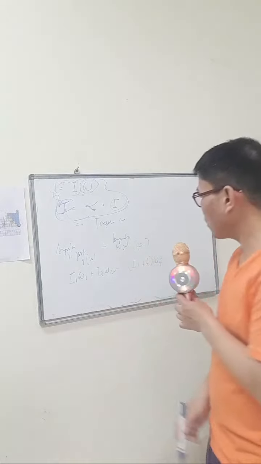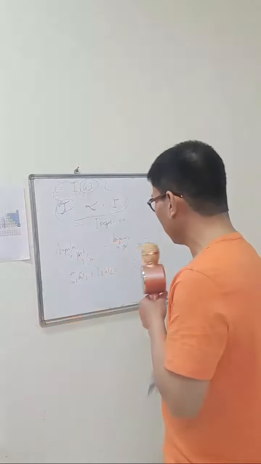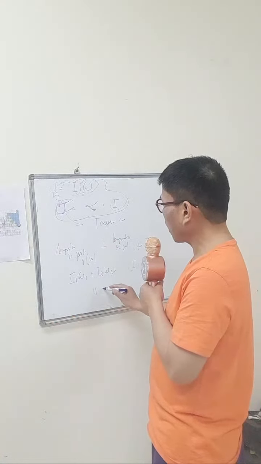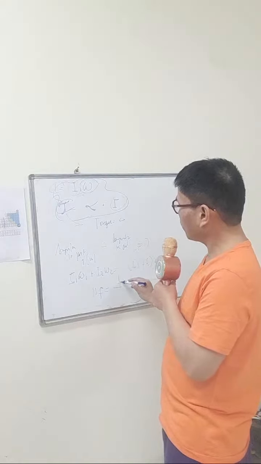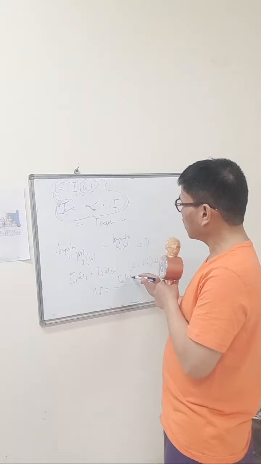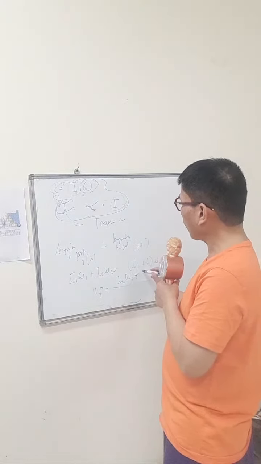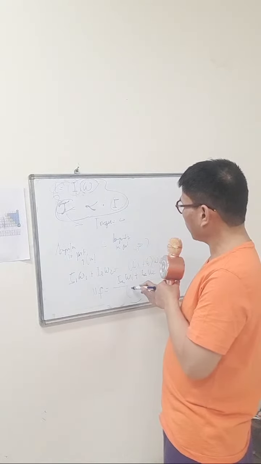Now, if the problem asks what is the final angular velocity, you can compute it this way. Final angular velocity equals the initial moment of inertia times the initial angular velocity, plus the second moment of inertia times the second angular velocity, over the initial moment of inertia plus the final moment of inertia.